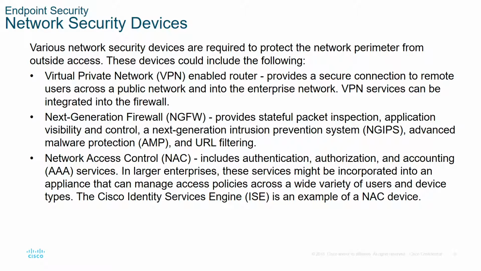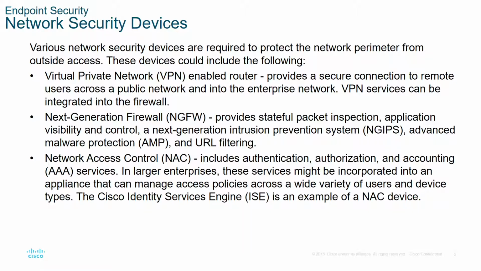Network security devices. Various network security devices are required to protect the network perimeter from outside access. These devices could include the following: Virtual Private Network, VPN, enabled router. Provides a secure connection to remote users across a public network and into the enterprise network.